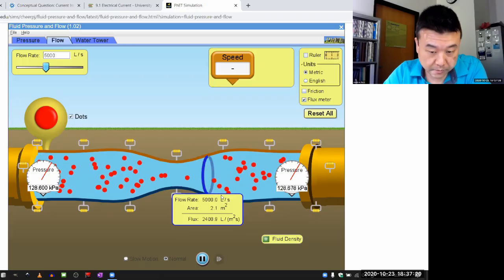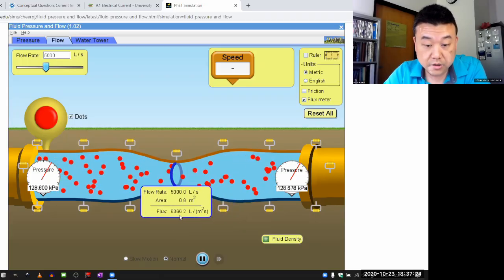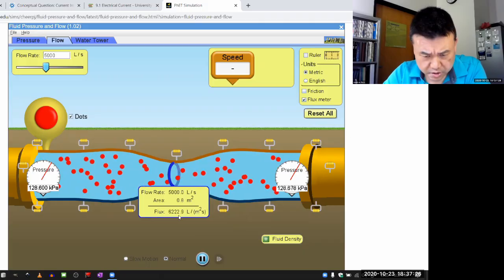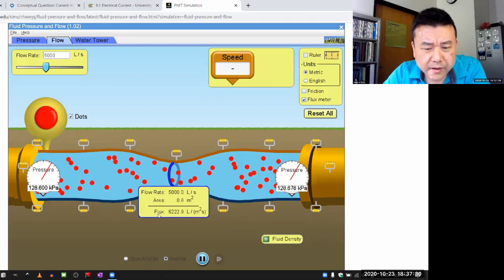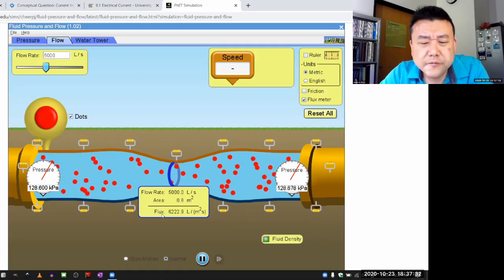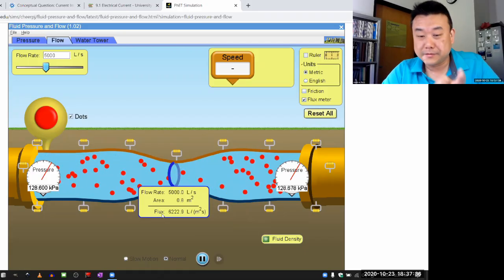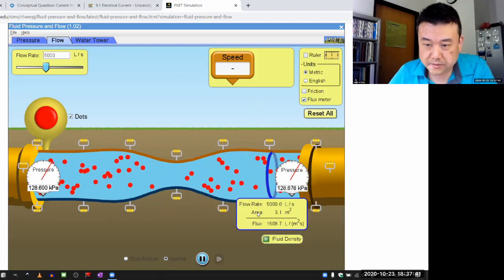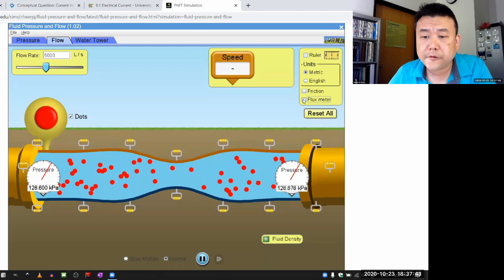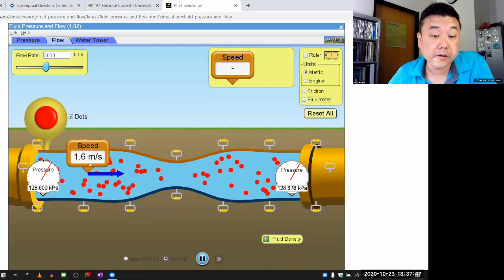And in order to keep the flow rate the same as the cross-sectional area changes, what changes is, you know, what, I have no idea how they define flux. Oh, I guess the flux is the flow rate per area. So I think rather than flux, what is more useful as a physical thing is the speed of the particles.